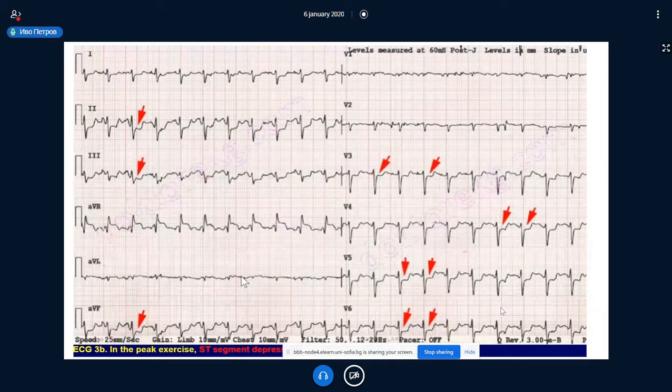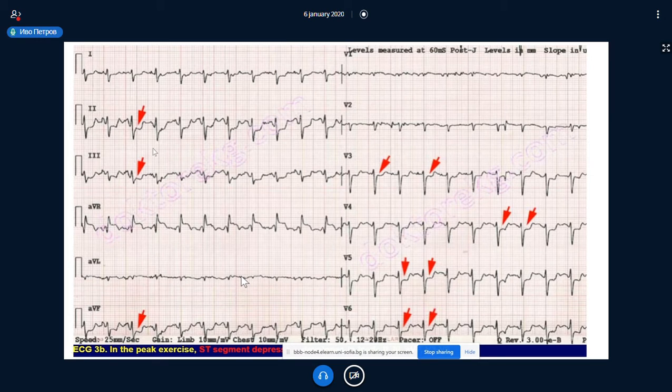This is very dramatic, in fact, the increasing of the changes during the exercise. You saw in the previous slide very slight changes, and during the exercise the level is increasing.